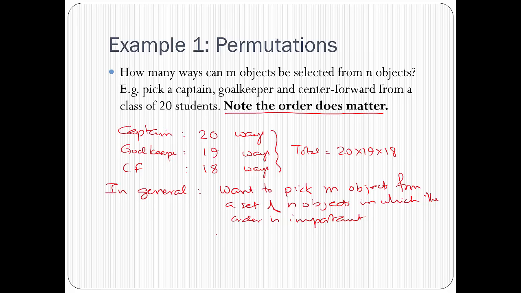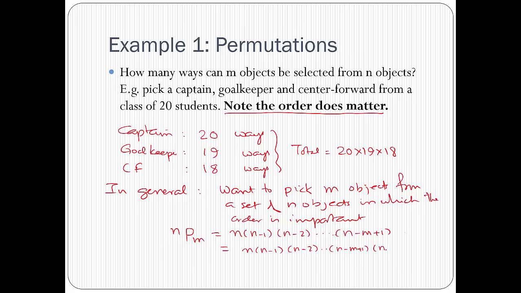So in this case the answer can be represented using the symbol nPm, and the answer would be n into n minus 1, n minus 2, all the way up to n minus m plus 1, which can be simplified.